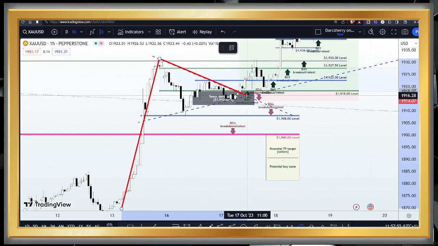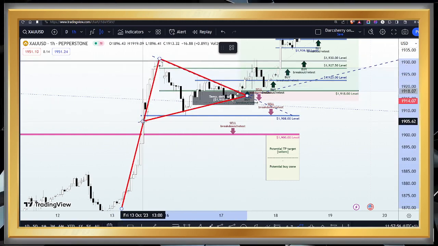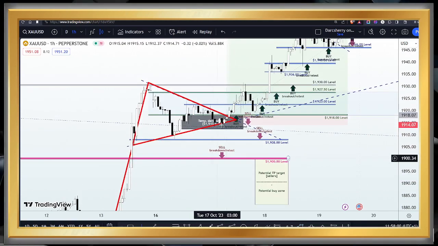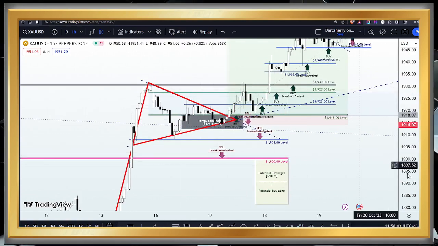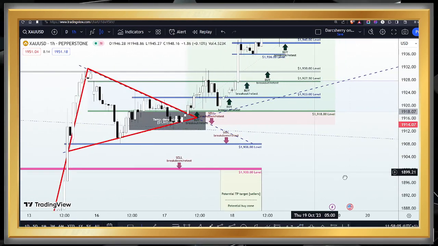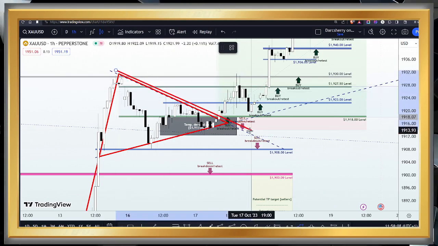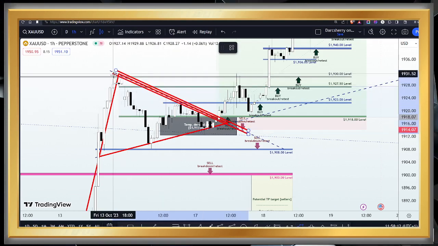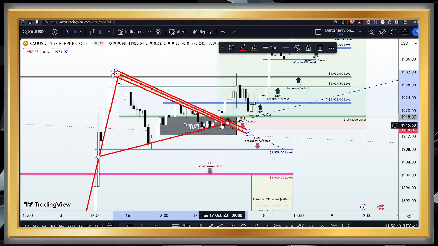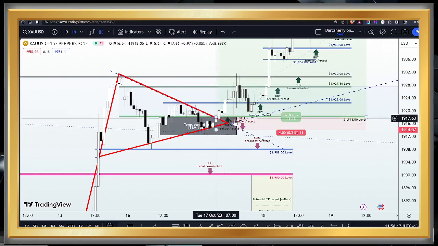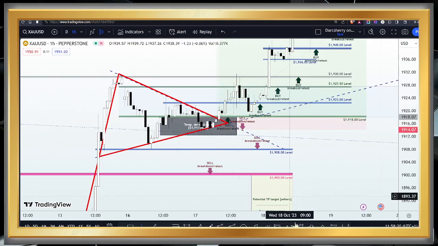Price transitioned into the structure, which looks more like a pennant to me, but a lot of people are calling it a triangle. And whenever we see this kind of situation here, we expect that a breakout of the resistance line of this pattern will be welcoming buying opportunities. And of course, yesterday we talked about this. We said price breaking out of the structure will be welcoming more opportunities.